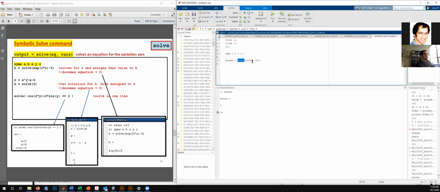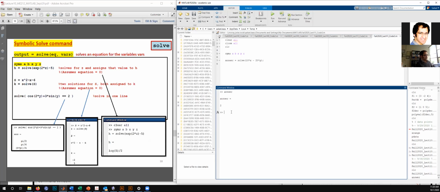Now, MATLAB typically, if it sees any kind of algebraic equation, there is a pecking order. So suppose I write something like this. Basically, we are trying to solve an equation which is 10x minus 20y equal to 0.